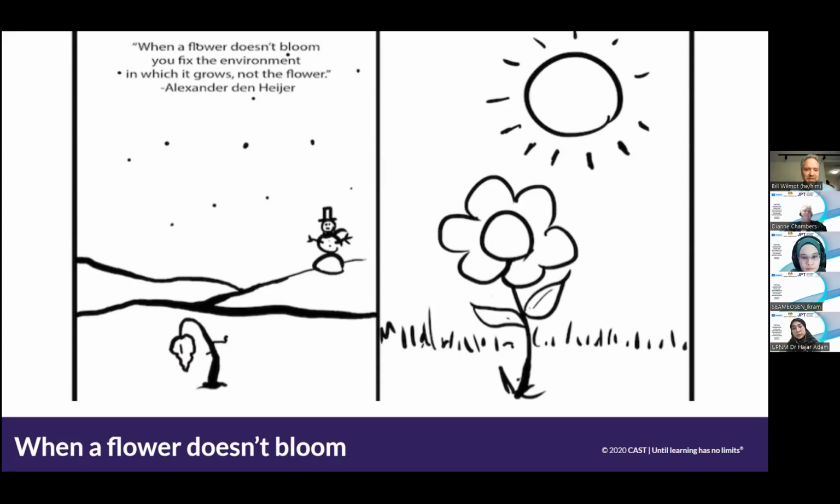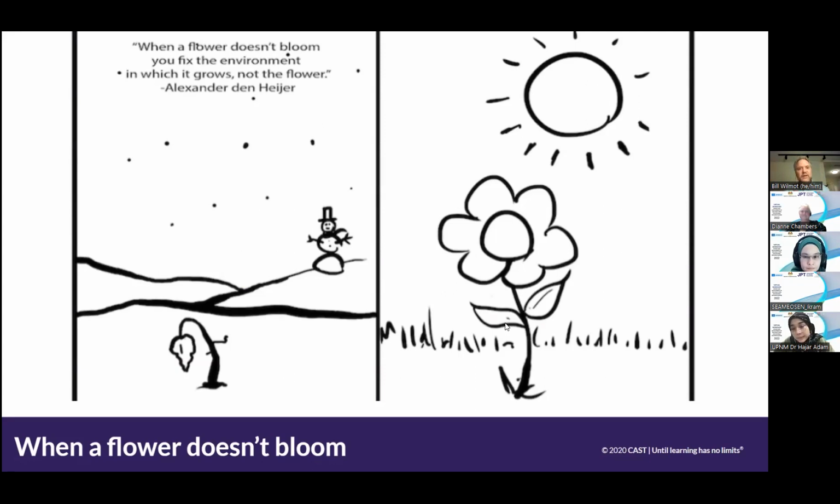There's another good cartoon that illustrates that. When a flower doesn't bloom, you fix the environment in which it grows, not the flower. So on one side, we've got a wilting flower with the snowman looking on in the snow. That flower is not going to bloom. In the other, we have a blooming flower in the sunshine.